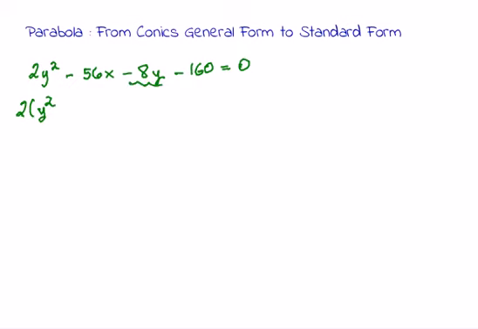If I factor a 2 out from the 8, that's going to be minus 4y. And then I'm going to leave some space to complete the square. And then we still have minus 56x out here, minus 160. And then, of course, whatever I add in over here to complete the square, I need to subtract it over here. And I need to remember to multiply it by 2 because I factored that 2 out.